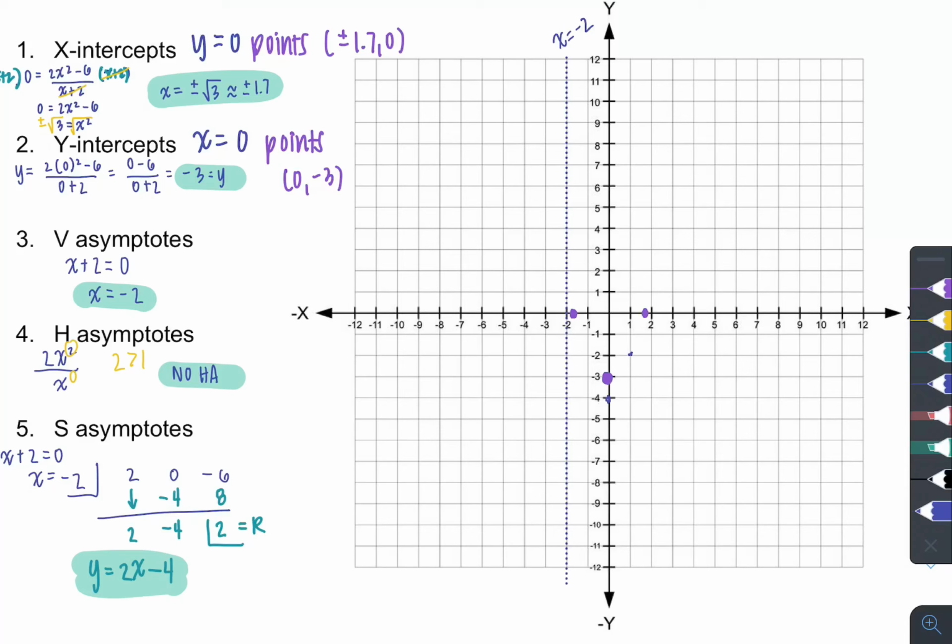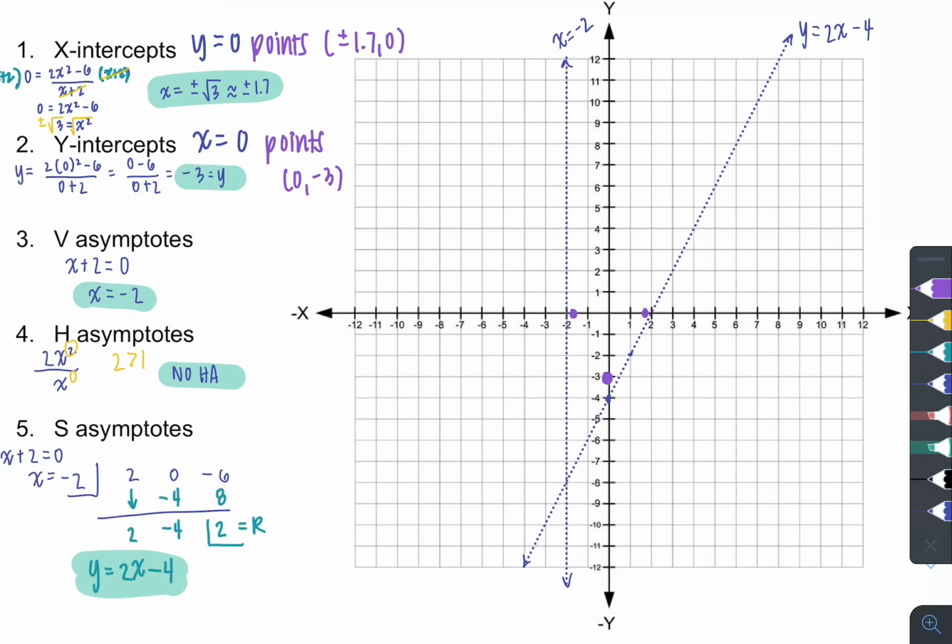So let's go up 2 over 1. So this looks like this here. We do want to put arrows on those because they do go on forever. So this is our slant asymptote of y equals 2x minus 4. You can see that it's minus 4, and then its slope is up 2 over 1.